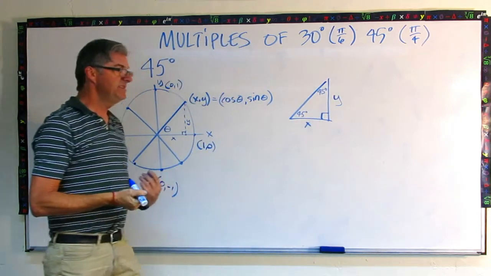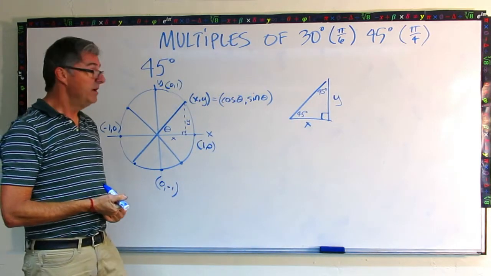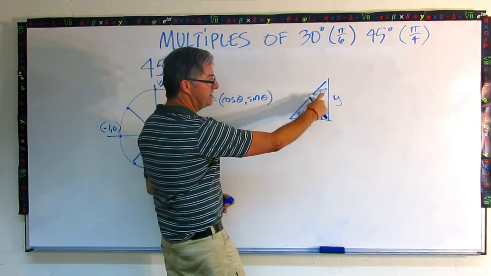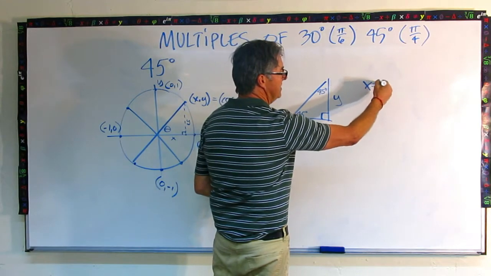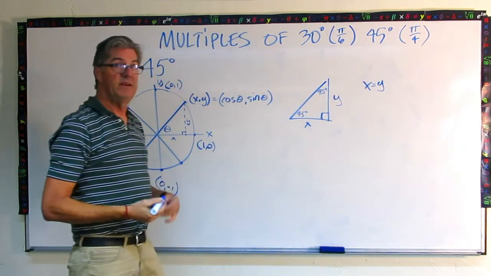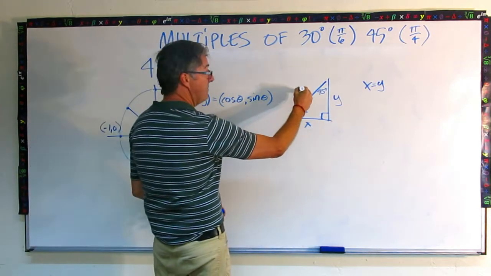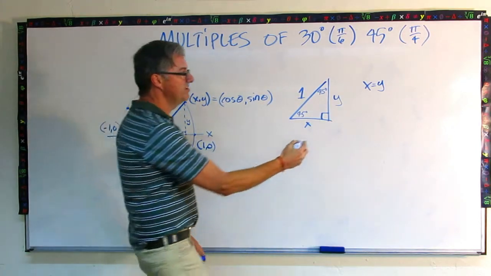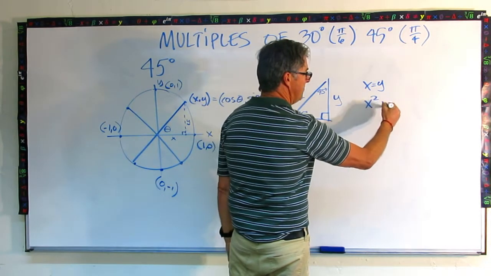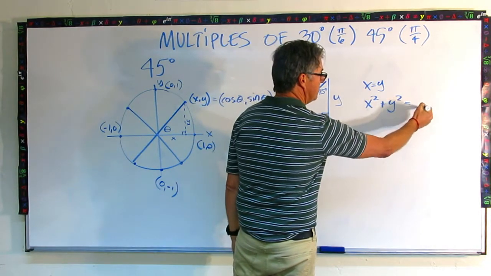That means this is an isosceles triangle, and the sides that are opposite of the two equal angles are also equal. So x equals y. Now we know that the hypotenuse is 1. So we can write this equation first: x squared plus y squared equals 1.